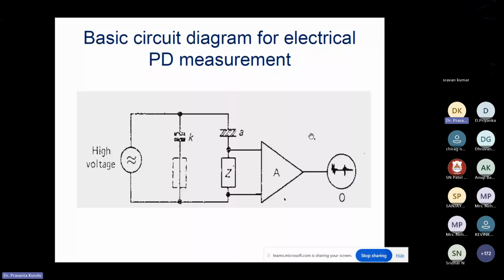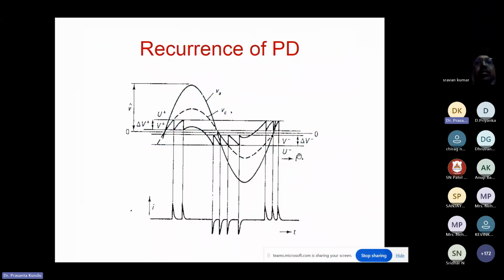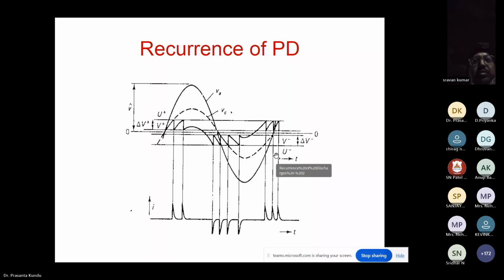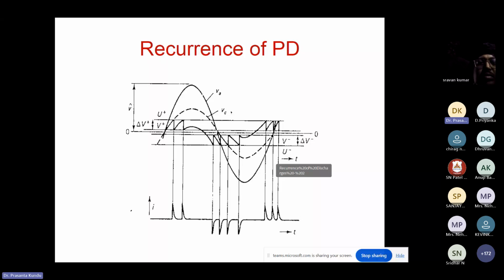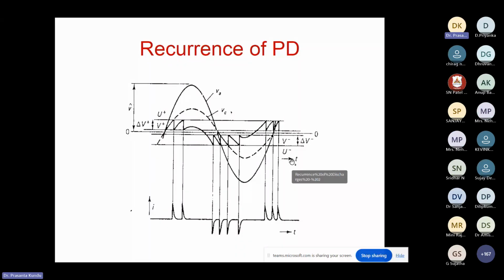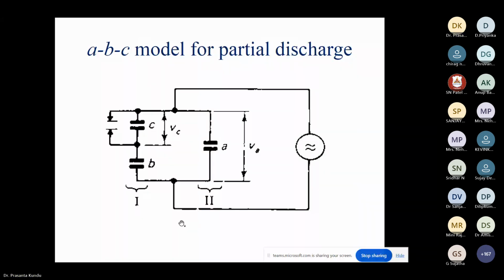Now with the ABC parameters, how the PD occurs, here we can understand with the AC situation. If you are applying the full AC voltage, now if you go to the previous one, this voltage will be divided based on the capacitor values.